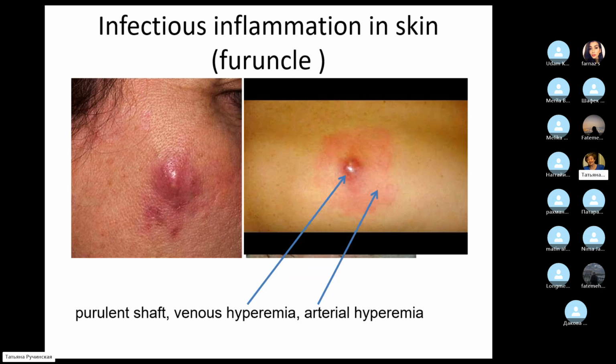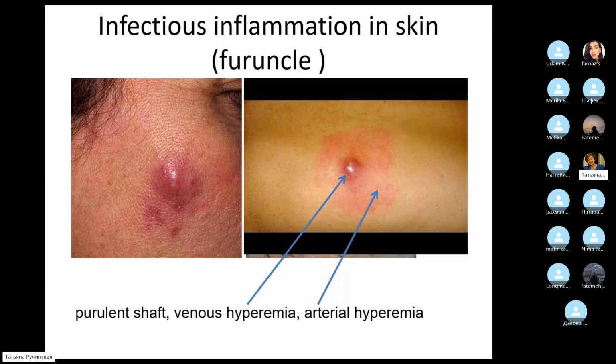Another example which shows you that there may be other vascular reactions. For example, if the injurious agent influences the skin or mucous membrane quickly, such as, for example, fire.